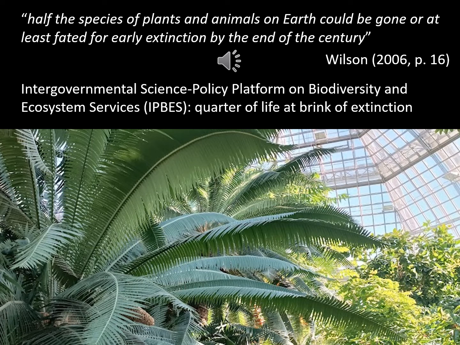Losses of both species abundance and species richness occur across geographical areas and taxonomic groups. And the global extinction rate is currently estimated to exceed the background rate by at least 2 to 3 orders of magnitude, and possibly more.